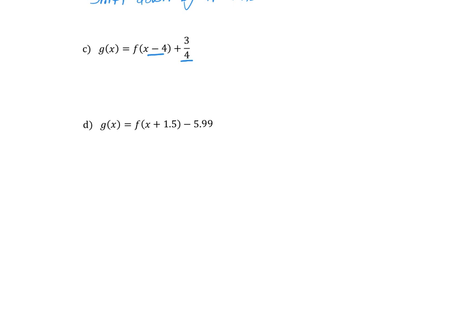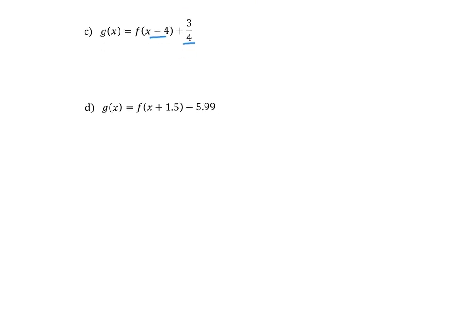So we're going to go right and up. Now, I typically do my descriptions in the order of operations, meaning I work within my parentheses and I describe my x. So my left, right first, and then the plus 3/4 would be the up, down. I'll do that second. But technically with translations, order doesn't matter.